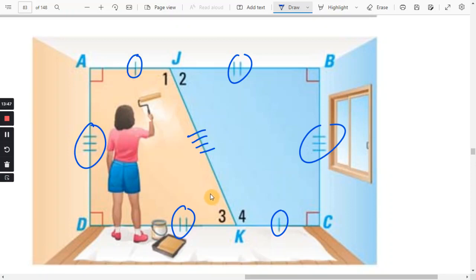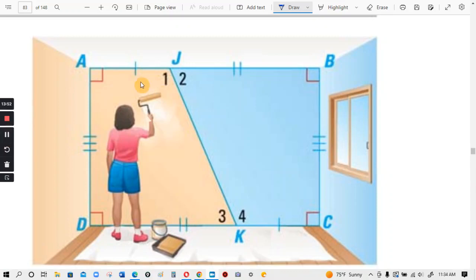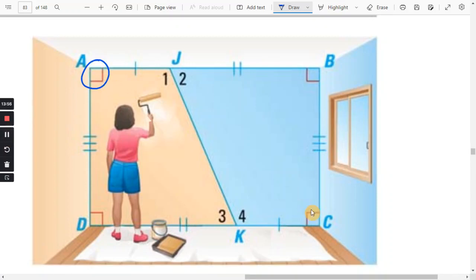Let's see if we can do all 4 angles. All right, we have right angle matches right angle, and right angle matches right angle. Okay, so we just did 2 pairs of angles. And really, right here, we have same side is supplementary.